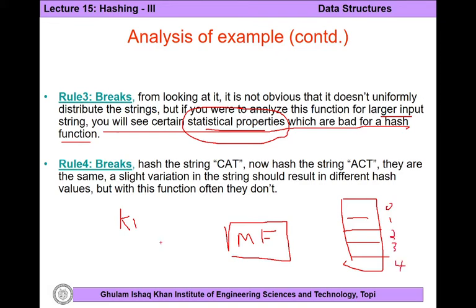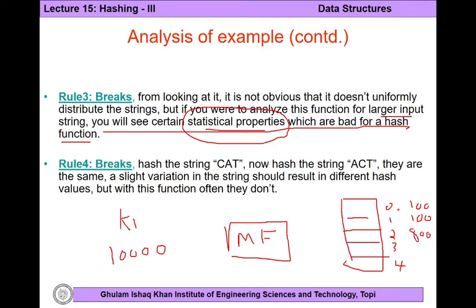But what you can do is write a piece of code that maps, say, 1000 keys or maybe 10,000 keys, and then you make a histogram. Let's say to slot number 1, 100 keys were mapped, to slot number 3, 200 keys were mapped, and for index number 2, let's say 800 keys were mapped.